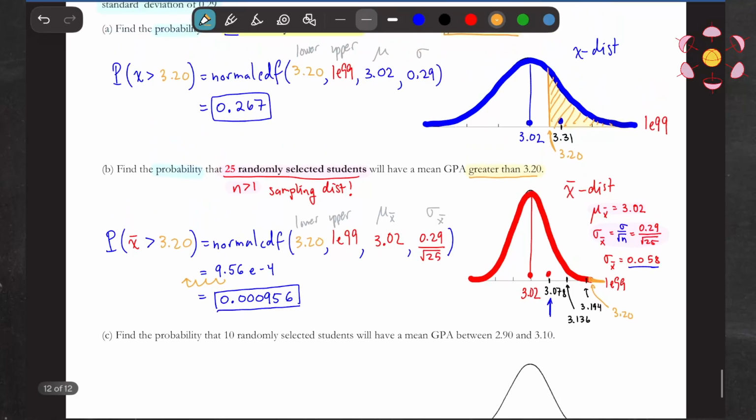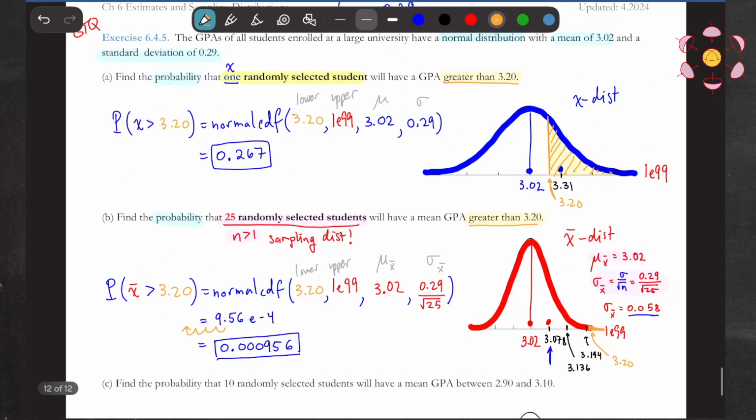Okay, let me just say a little bit more about this example. When you randomly grab a student from this school, you're going to imagine that most people will have GPAs in the usual range, basically somewhere in the middle, about 3.02.